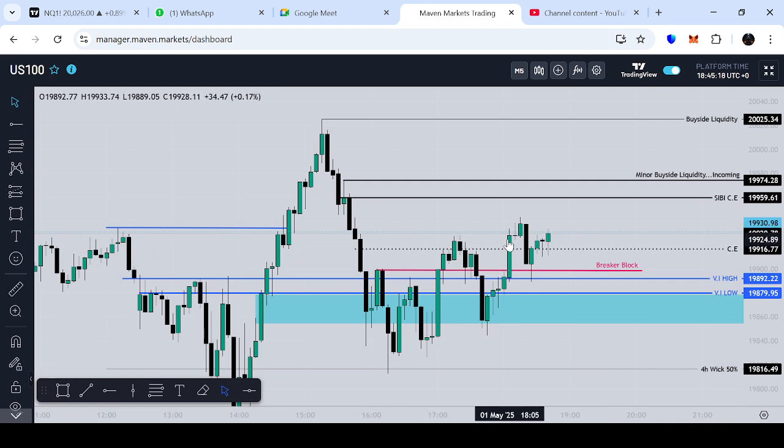See how price is making a higher high. This high, have a higher high, and making a higher low, higher low. Inefficiency, that's a fair value gap. Inefficiency, fair value gap.